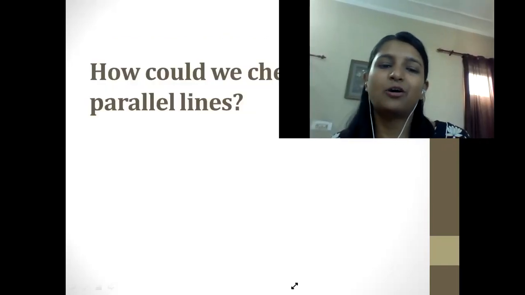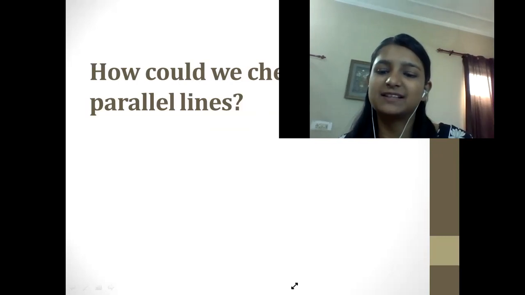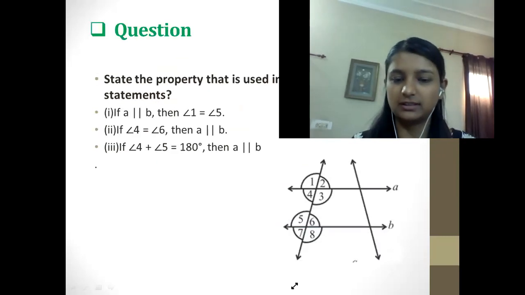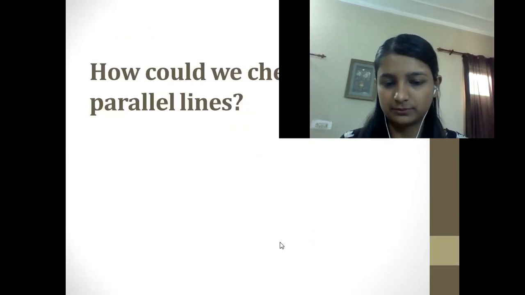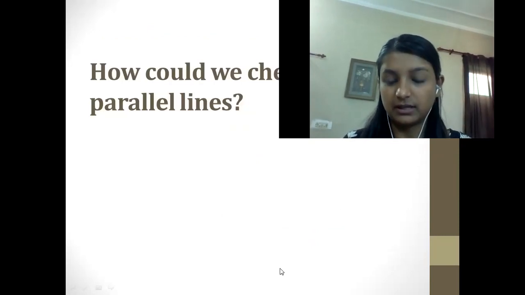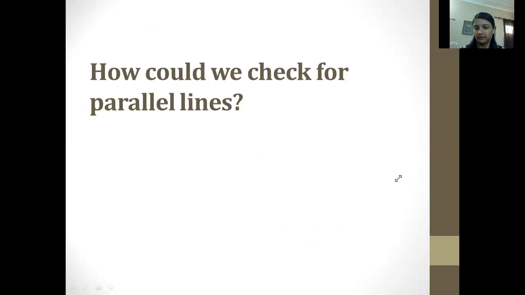So what do you think? How could we check for parallel lines in some other way also? Do you think there could be another way? We can go in reverse, isn't it? It is quite easy to measure first, measure the angles.